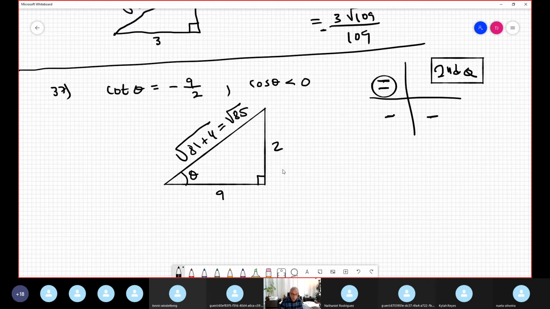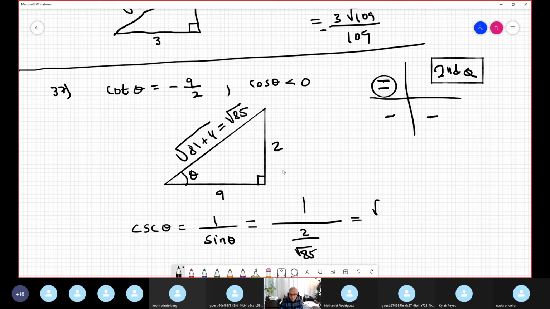In this example they want cosecant theta, but I don't remember cosecant. I remember only that cosecant is the reciprocal of sine. But I remember very well that sine is opposite, which is 2, over hypotenuse, radical 85. Flip it up, it is radical 85 divided by 2.